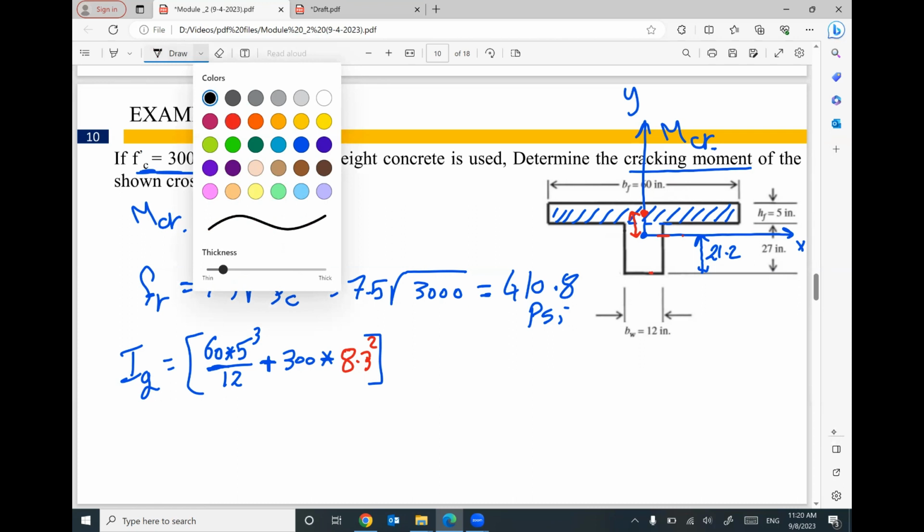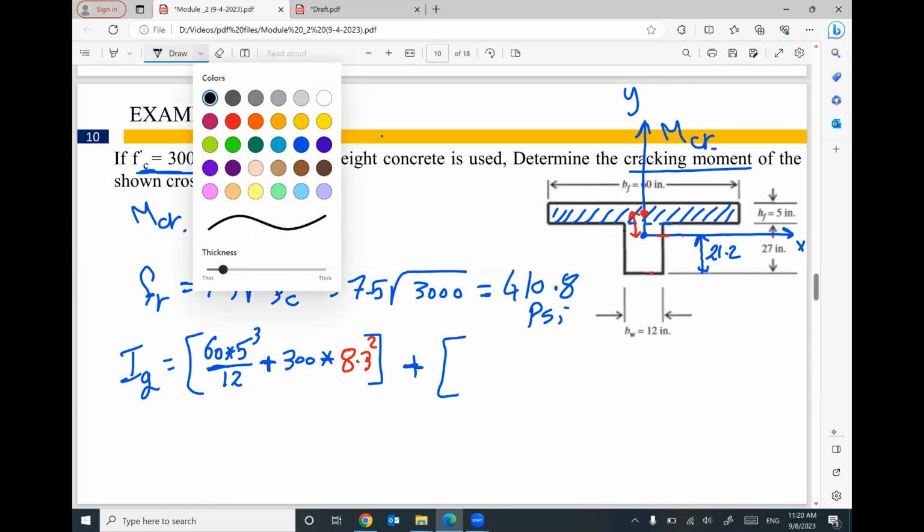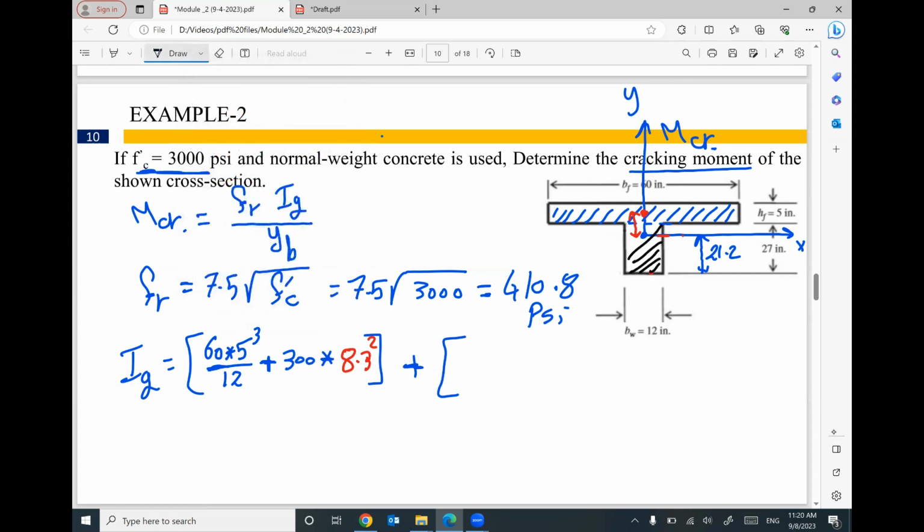I need to add another part. We have another part here. Can you see it? This part. BH cube divide 12 will be 12 times 27 cube divide 12. Unfortunately, I need to add another part, which is the area, 324 for this part, times distance squared.